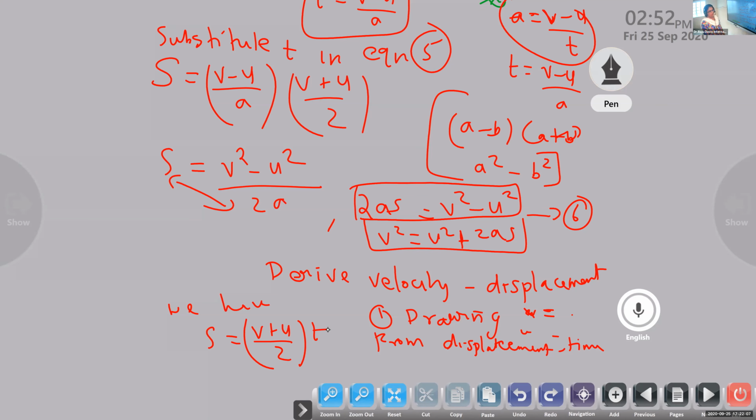Next step, from the velocity time relation we have t is equal to (v minus u) by a. Then substitute this in the equation.